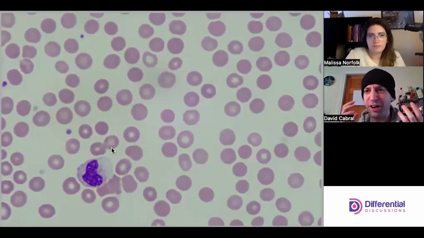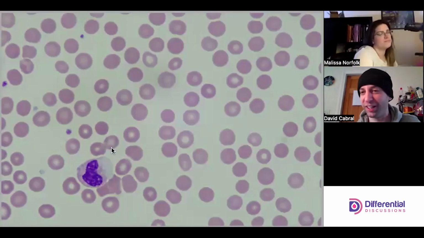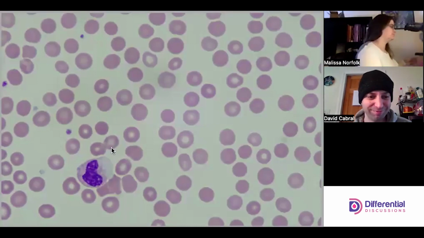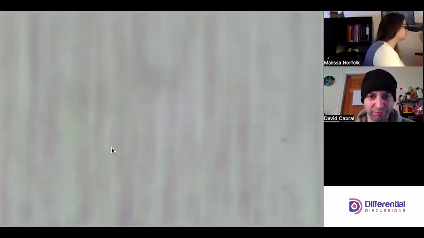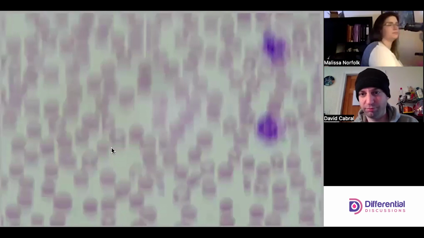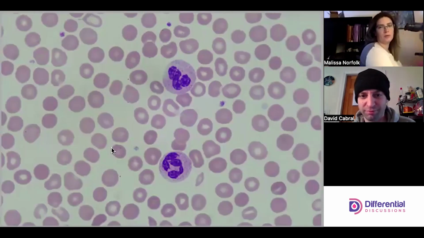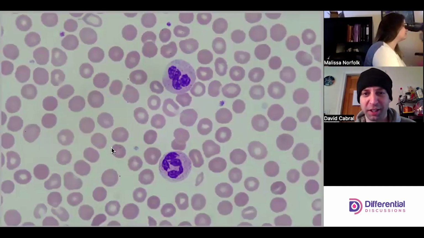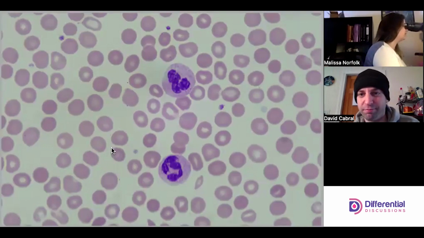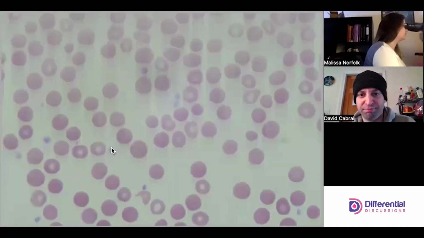But the nucleus looks just like a neutrophil's nucleus. We're seeing something of that here, although most of the cytoplasm is well granulated. They look normal. At first I thought there might be too many segments, but they're okay.